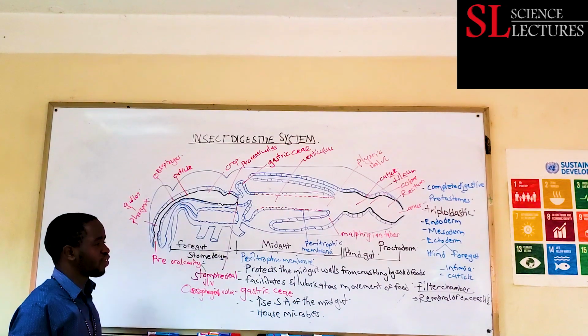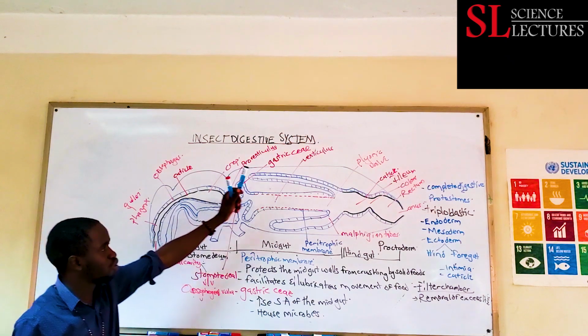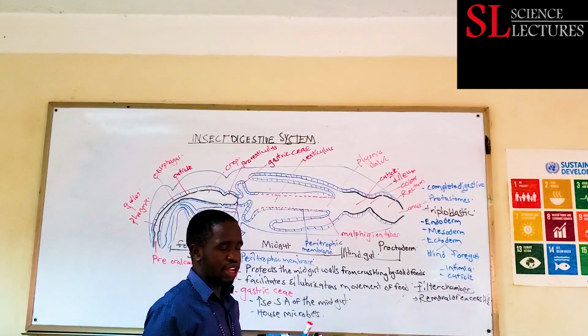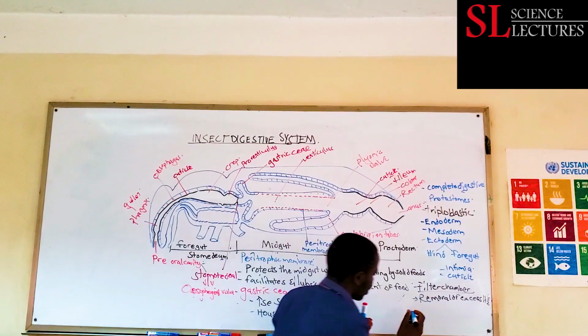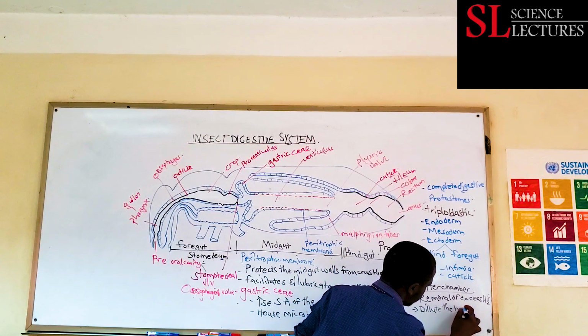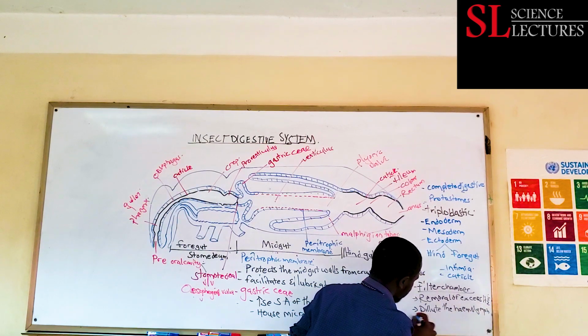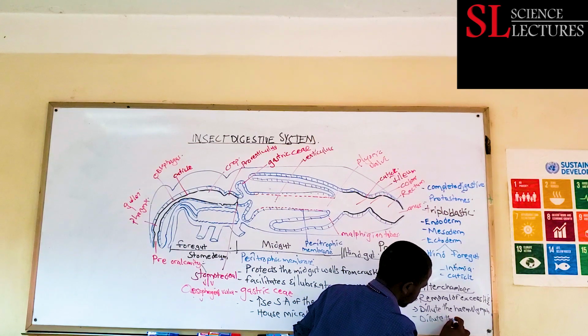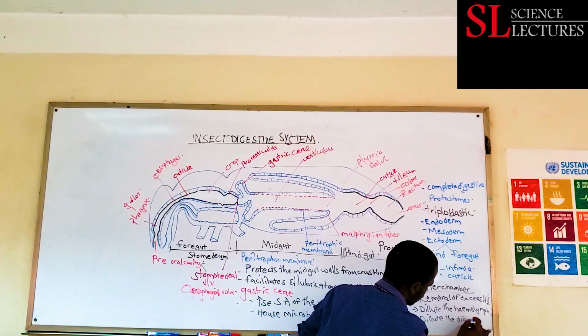So what would happen if you have excess water? The excess water would move into the ileum, be reabsorbed alongside the nutrients, and it would dilute the hemolymph, that is number 1. Then it will also dilute the digestive enzymes, reducing their concentration.